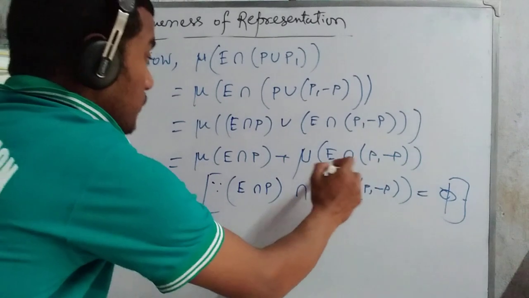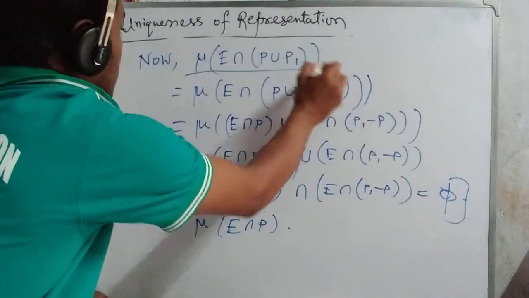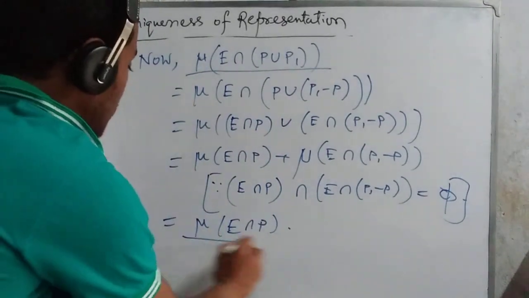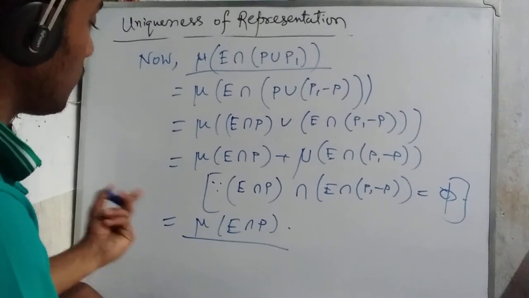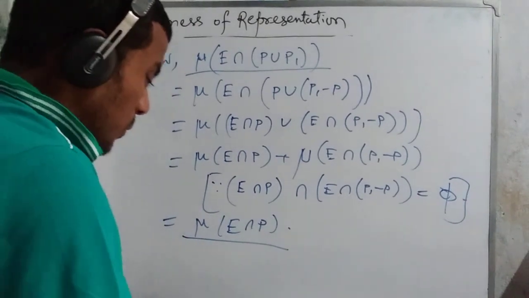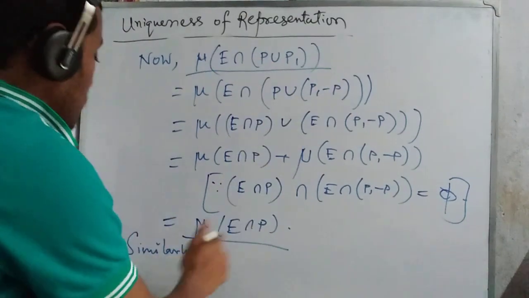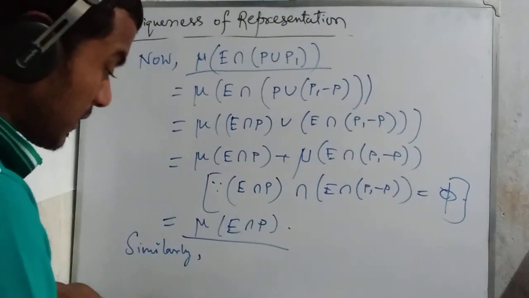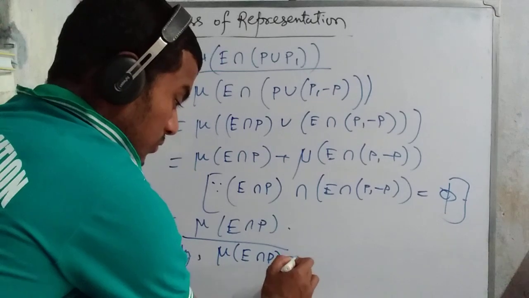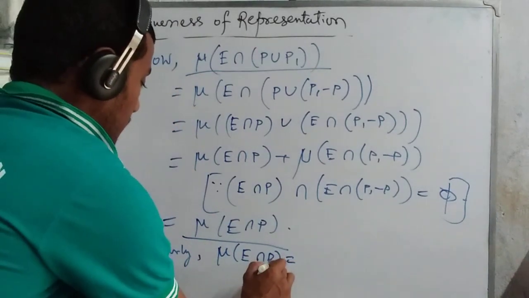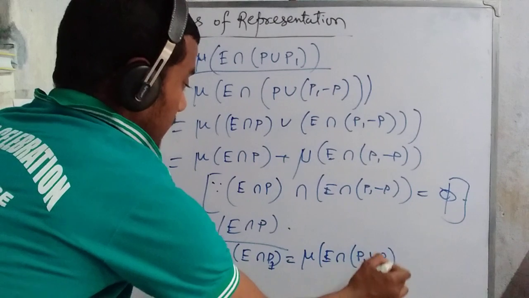This term is equal to 0, as we proved, so this equals mu of E intersection P. So mu of E intersection (P union P1) equals mu of E intersection P. Similarly, we do the same procedure with P1 difference P, and we get mu of E intersection P1 equals mu of E intersection (P1 union P).